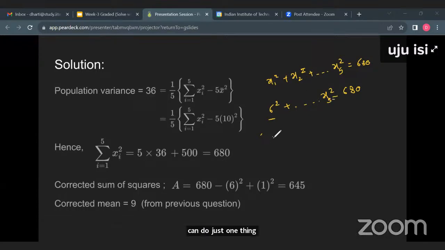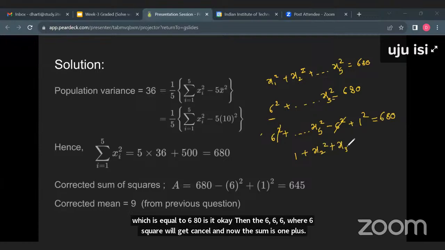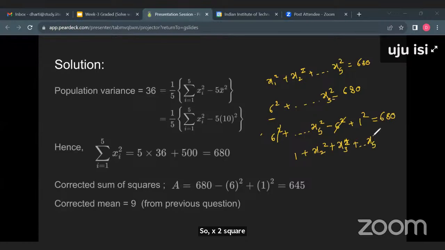If I write it as 6 square plus x2 square plus till x5 square, minus 6 square to cancel this out, and my actual x1 is 1, so I will add 1 square, which is equal to 680. Then this 6 square will get cancelled, and now the sum is 1 plus x2 square plus x3 square plus till x5 square.